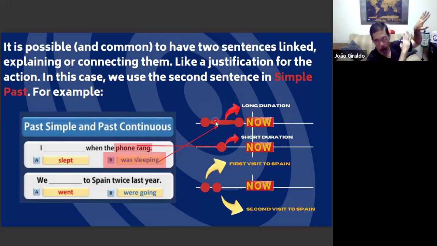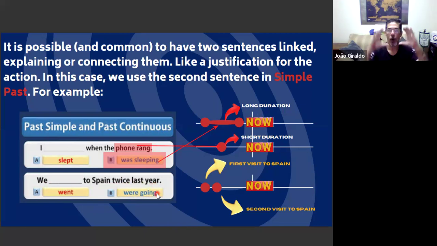So the action is also in the past, but is punctual. Now, that is the moment I am speaking, the action is not occurring anymore. This action is finished.